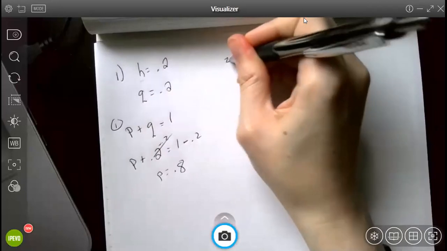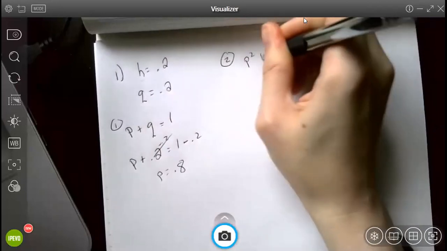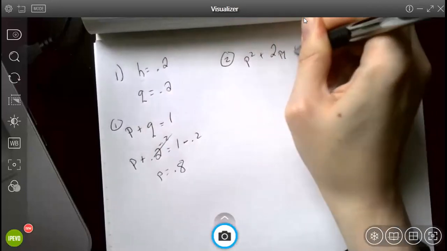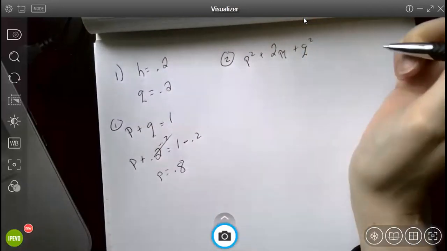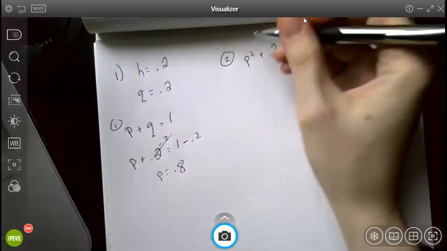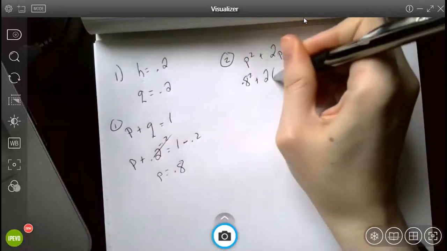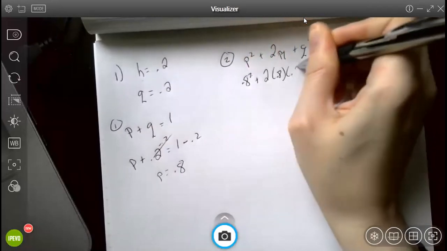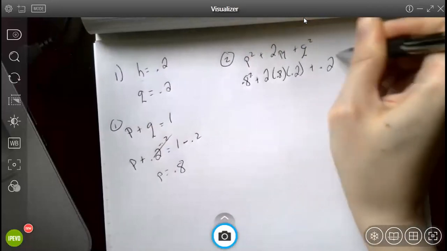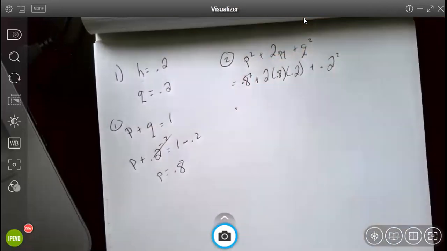And then I can use the second formula, p squared plus 2pq plus q squared, to find my genotype ratio. So p squared is going to be 0.8 squared plus 2 times 0.8 times 0.2 plus 0.2 squared. And again, it should all equal 1, but we don't actually add it together or do anything with that.